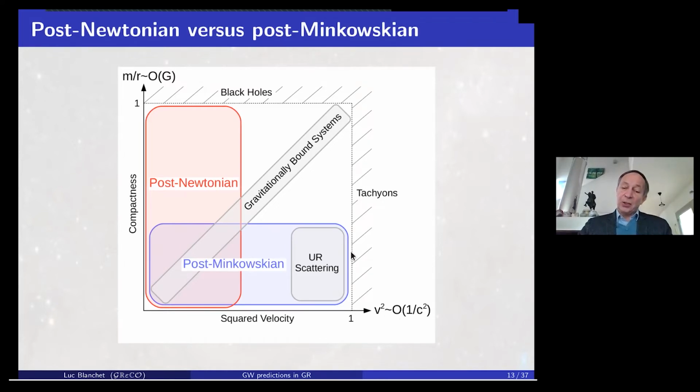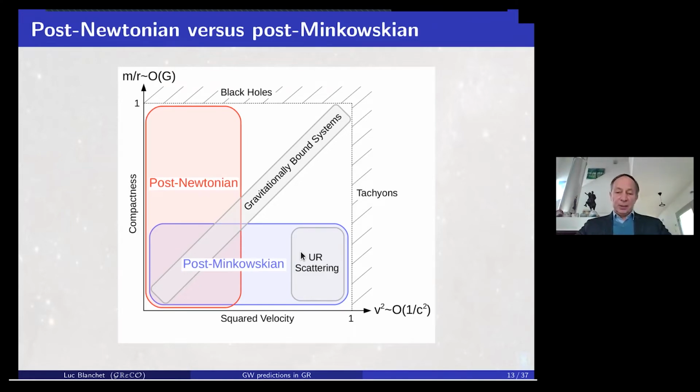And so for such a gravitationally bound system, we see that the post-Minkowskian approximation is actually not so useful, because it overlaps very much with the post-Newtonian approximation. The real interest of the post-Minkowskian approximation is for the unbound problem of two particles that scatter.